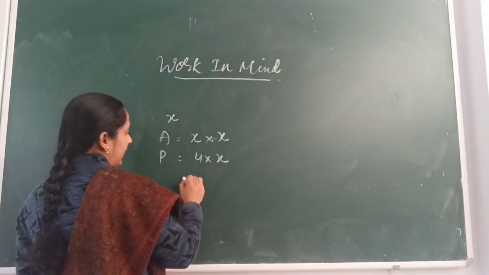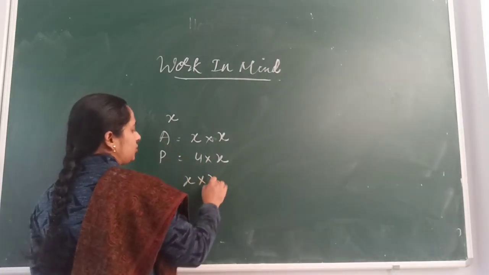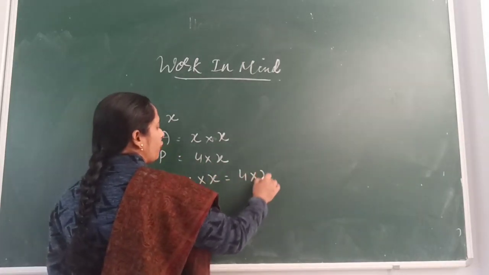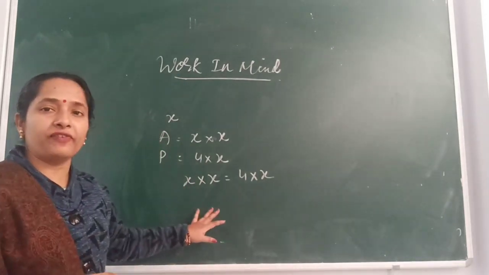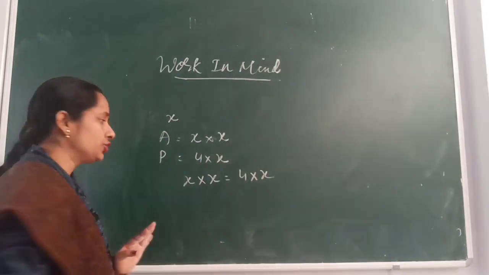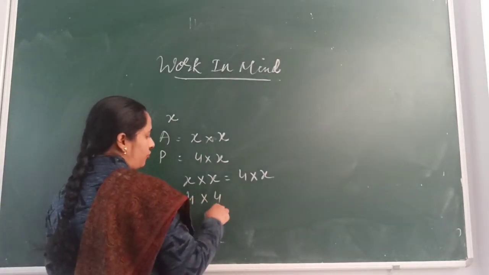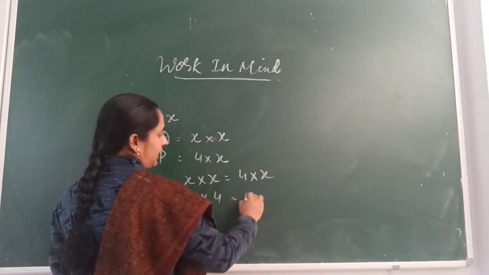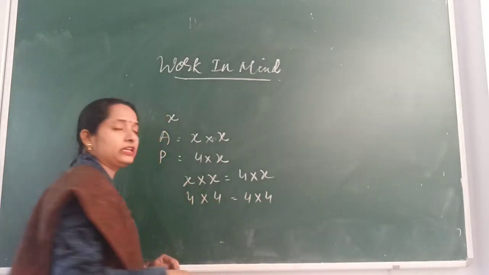So here according to this question, x into x should be equal to 4 into x. For what value of x will both be equal, you have to imagine. So if you take x as 4, then 4 into 4 is 16, and here also you get 4 into 4, 16.